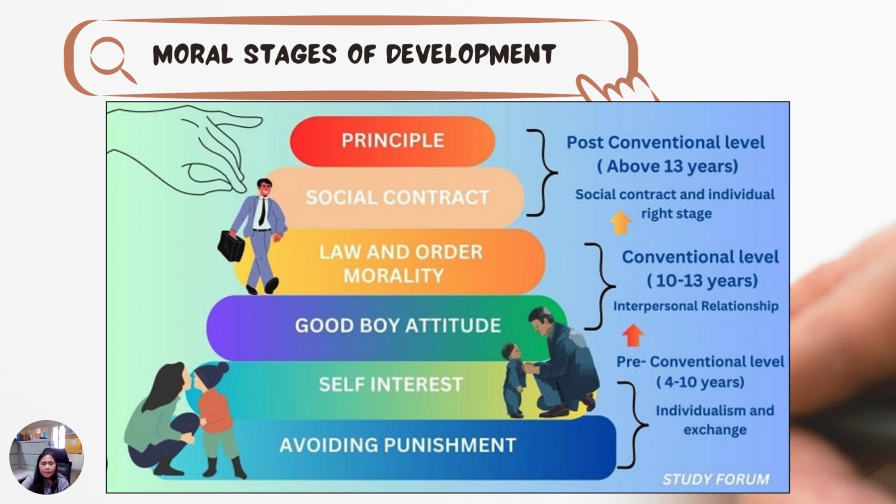Then we have here the highest ethical principle, universal ethical principle. This is the final stage of moral reasoning. It is grounded by internalized universal values such as justice, respect for human life, and equality. So in here, an individual follows their conscience, even if it means facing punishment and disapproval.